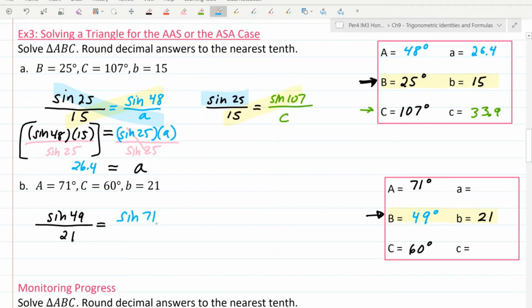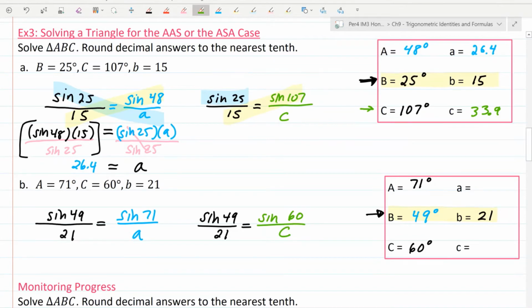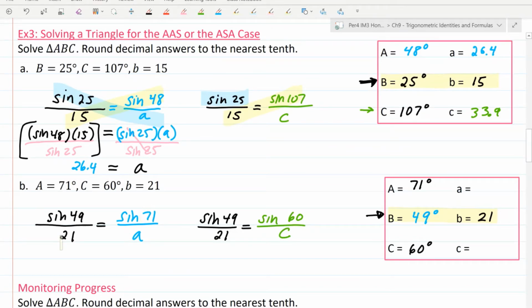So sine of A over A. The same thing here. Sine of B over B. Sine of 60 over C, which is sine of C over C. We'll cross multiply, so multiply those two together, divide by sine of 49.